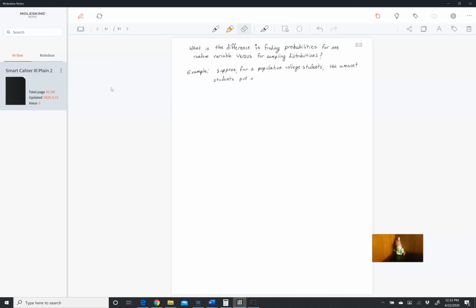So notice, as soon as it says normally distributed, we don't care about sample size. So if it doesn't say this, we have to look at sample size. Here we don't have to.